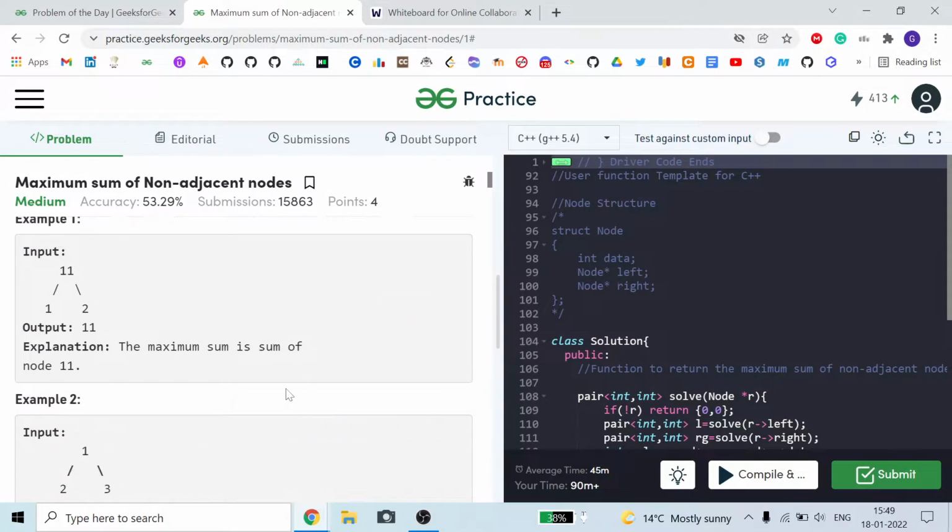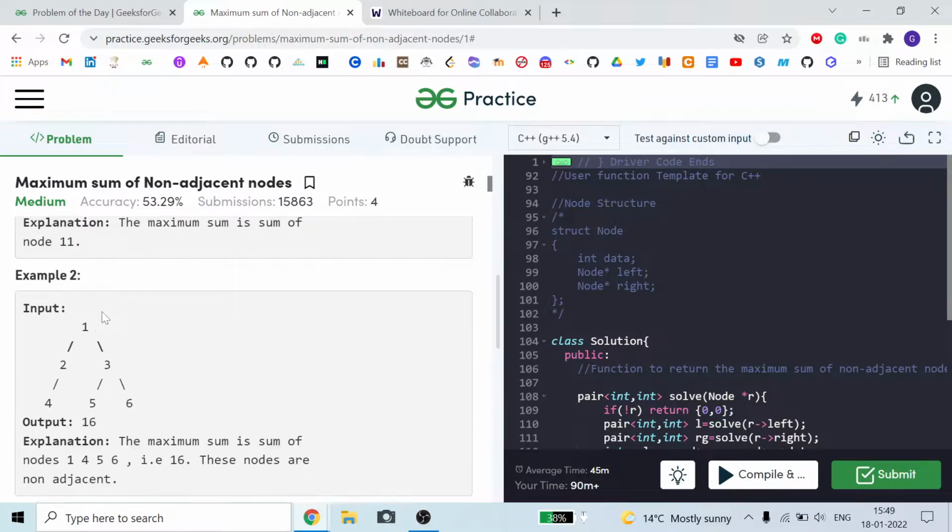That simply means here we cannot take either 2 or 1 with 11 when 11 is in our sum. So our answer is 11 because it is the maximum. But if we have to find all sums, then here 1 plus 2 can be a sum, because they don't share an edge, they are not adjacent, you can say more clearly.